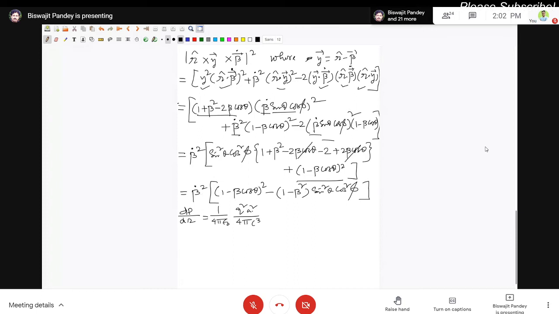So I have taken this a square here, and c square in the denominator, which with the c there earlier becomes c cube. And I am writing the rest of the terms here. So this becomes 1 minus beta cos theta whole square, minus sine square theta cos square phi into 1 minus beta square, divided by, this was already there, 1 minus beta cos theta whole to the power 5.